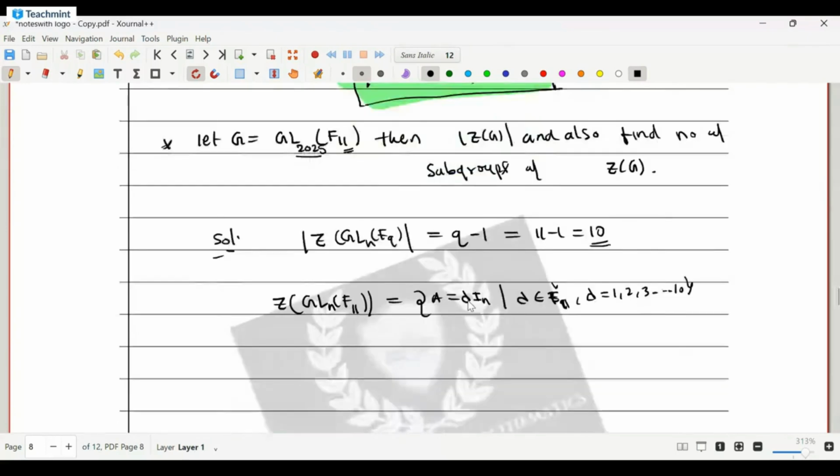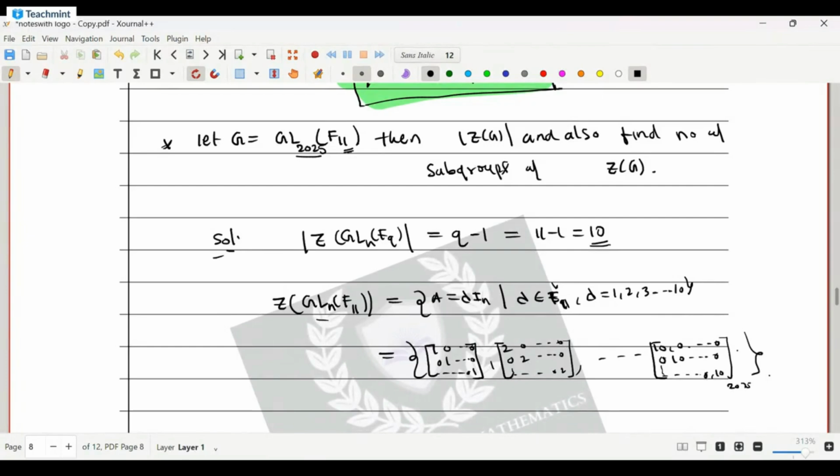So the center of this group contains elements like lambda equal to 1, giving the identity matrix, then 2 on the diagonal with zeros elsewhere, and so on up to 10 on the diagonal. These are the 10 elements belonging to the center of the given group.